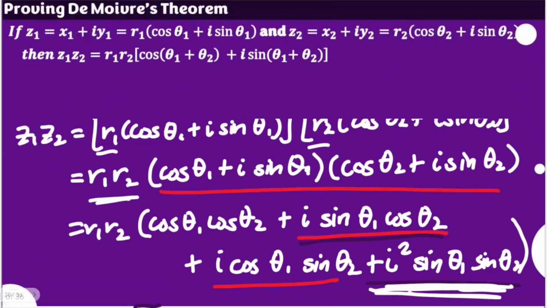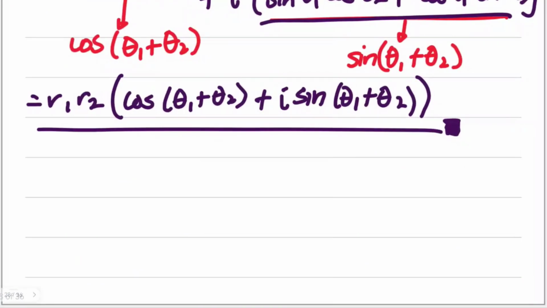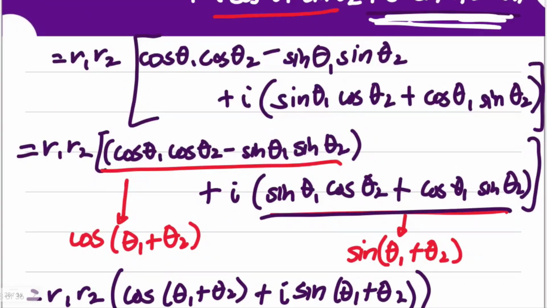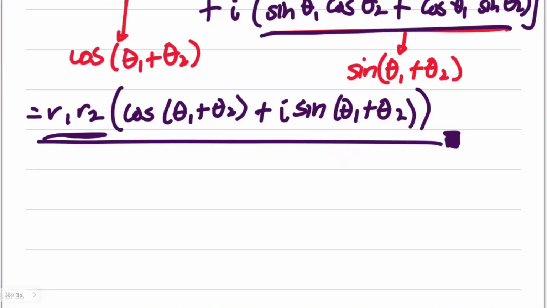Going back here, we have shown that if we multiply the two complex numbers, the result is equal to the product of their moduli, or r, times cosine of the sum of the angles plus i sine of the sum of the angles.